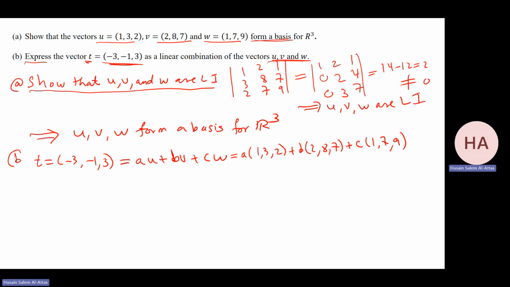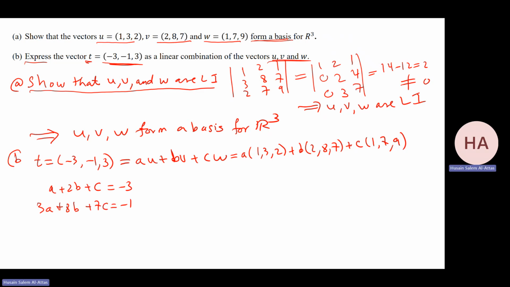So what kind of equations do we have? Let me do it the other way. A plus 2B plus C is equal to the first component of T, and then 3A plus 8B plus 7C is equal to minus 1.